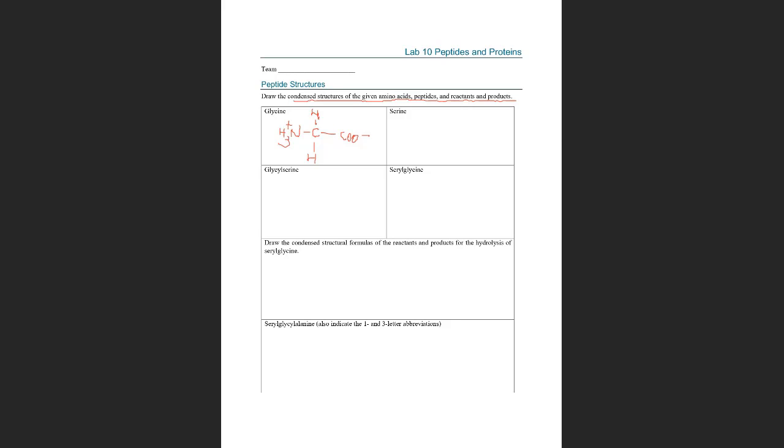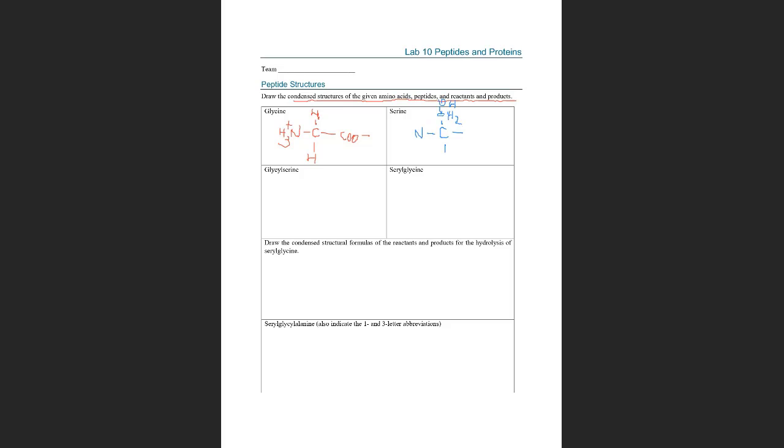That is glycine. How about serine? If you look at the PDF, you will see that the side chain is a CH2OH. You have it in your PDF.